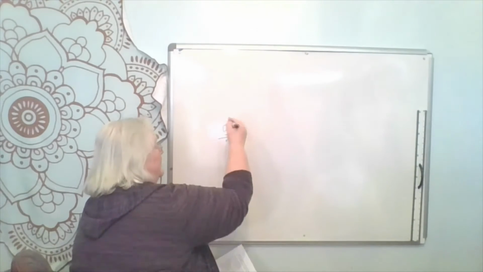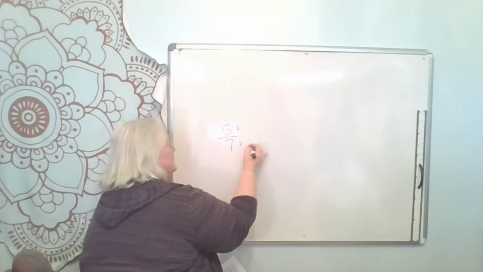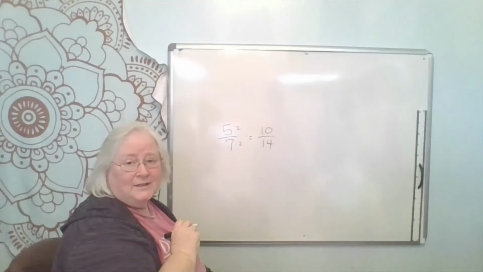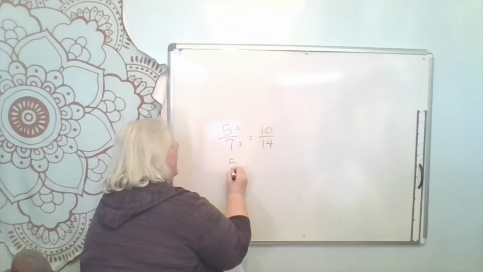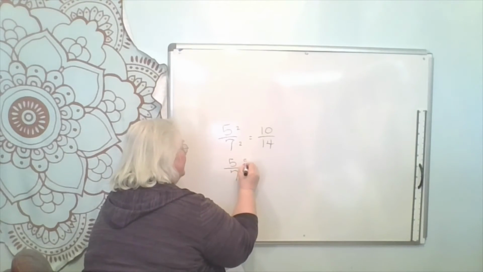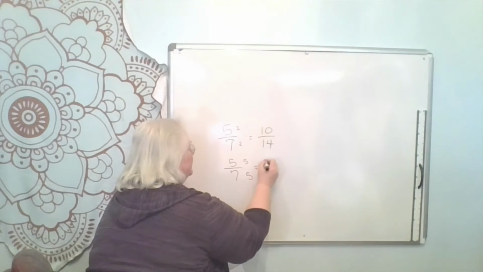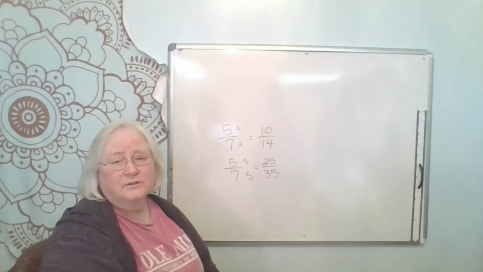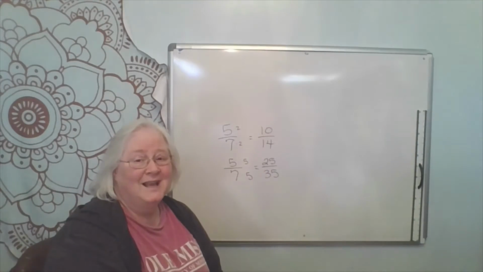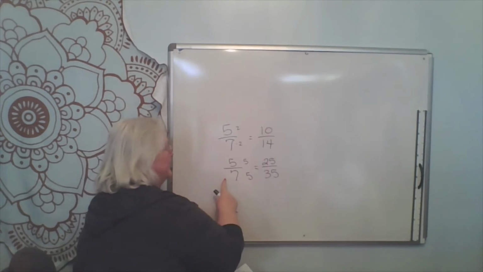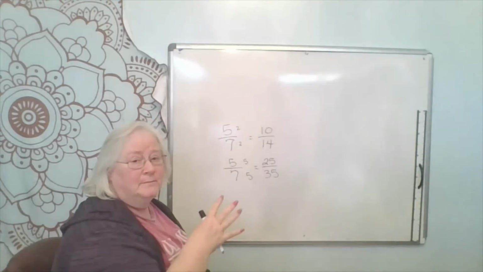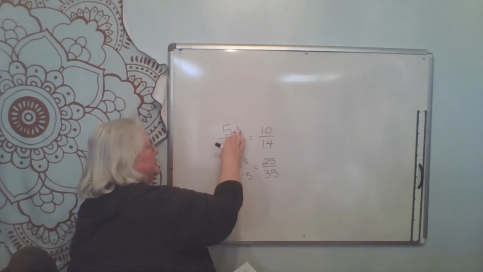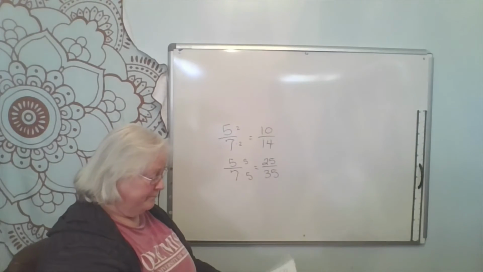So if we say both top and bottom times 2, which would be 10/14, that's an equivalent fraction. How about if we did times 5, which would be 25/35, and that is also an equivalent fraction. So you can say the top and the bottom number times almost any number to come up with an equivalent fraction. It's just usually easier to do smaller numbers.